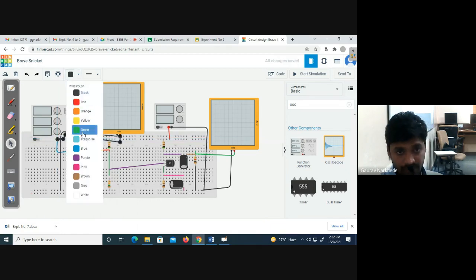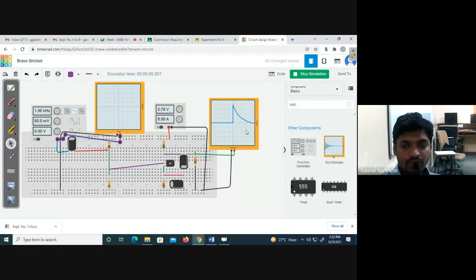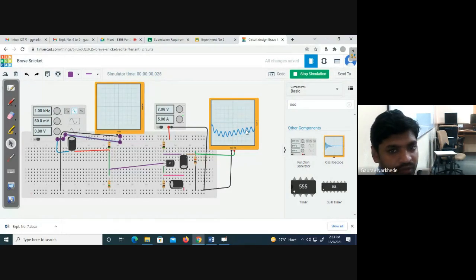I am trying to visualize the waveform coming from the oscilloscope. Simultaneously this is your input waveform, this is your output waveform, right? It will take some time for settling down.